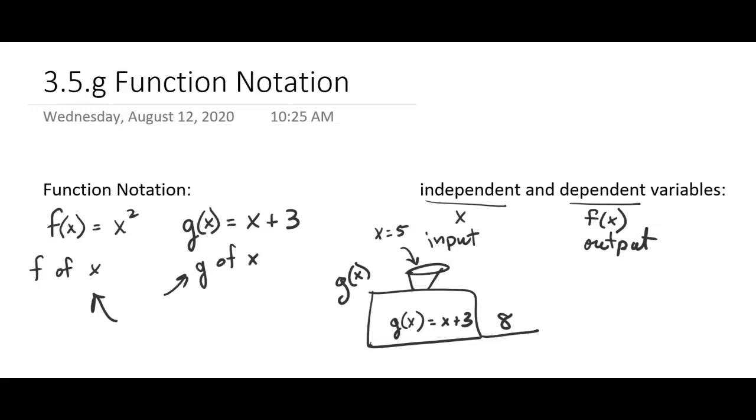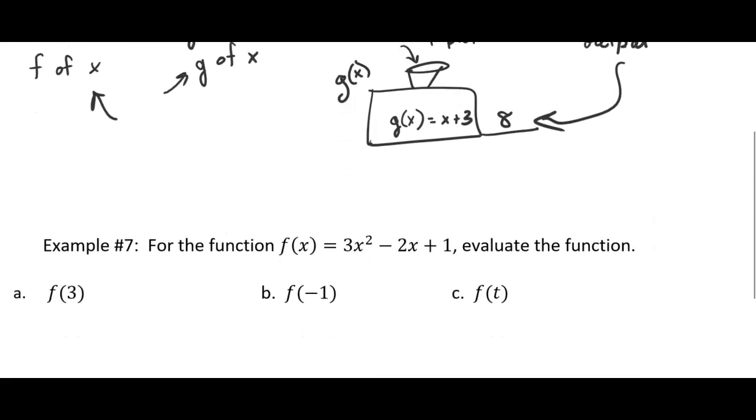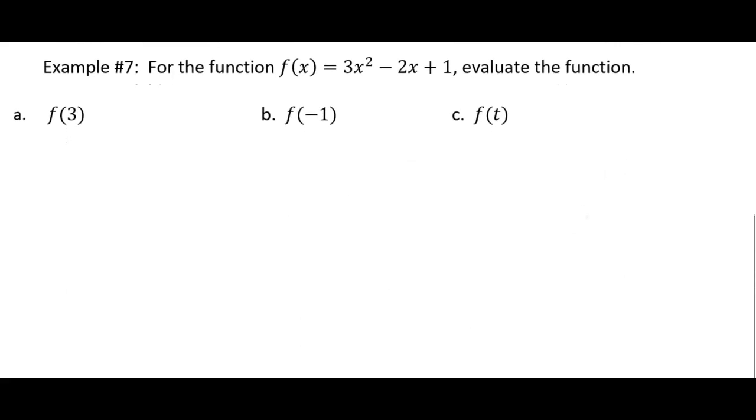Because 5 plus 3 is 8. So it's this idea of you put a number in, you evaluate it, and you get something out. But that would be an example of input, an independent variable. So there's the independent variable. And then here's the dependent variable, because the output's dependent on what you're putting into the function. Okay, hopefully that makes sense.